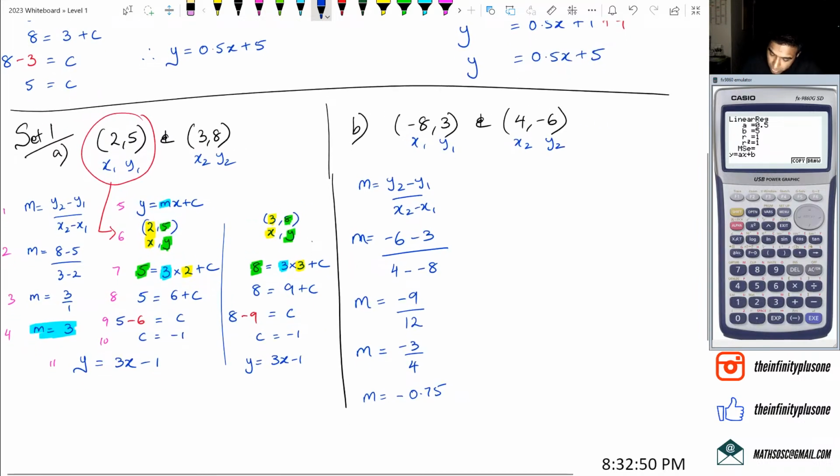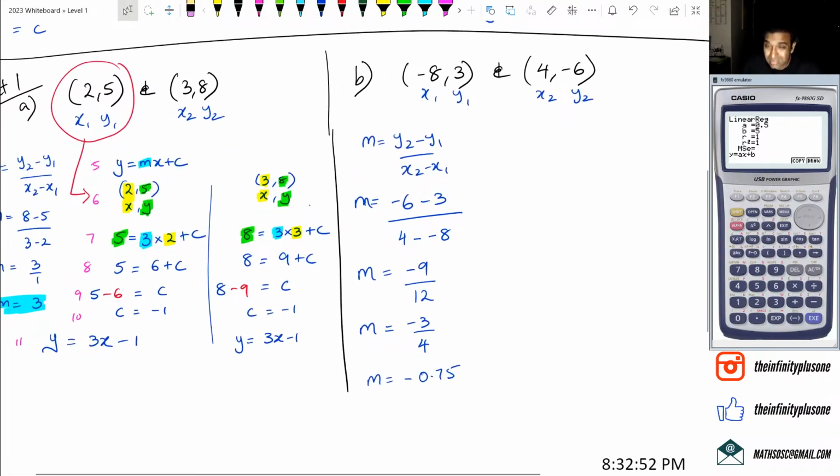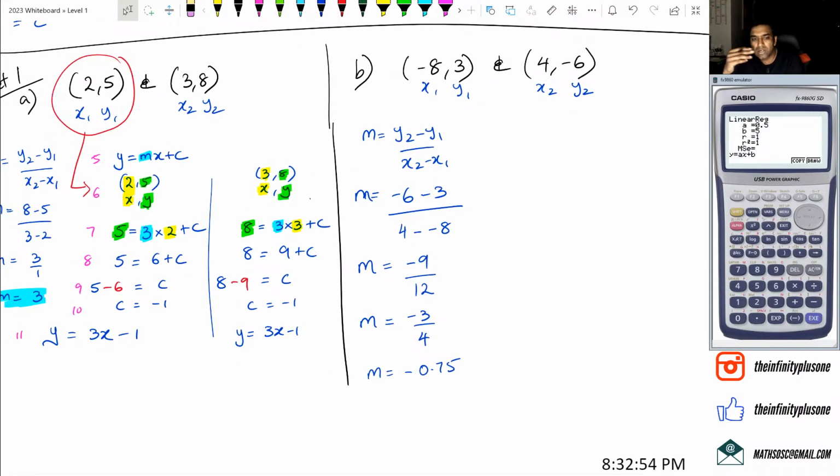Now, we need to work out the equation. In this case, I don't want to do the C thing and then work it all out again. Actually, no, I will stick to y equals mx plus c because it is quite simple to remember. This is the equation of a straight line, y equals mx plus c. And the point I'm going to use is -8, 3.